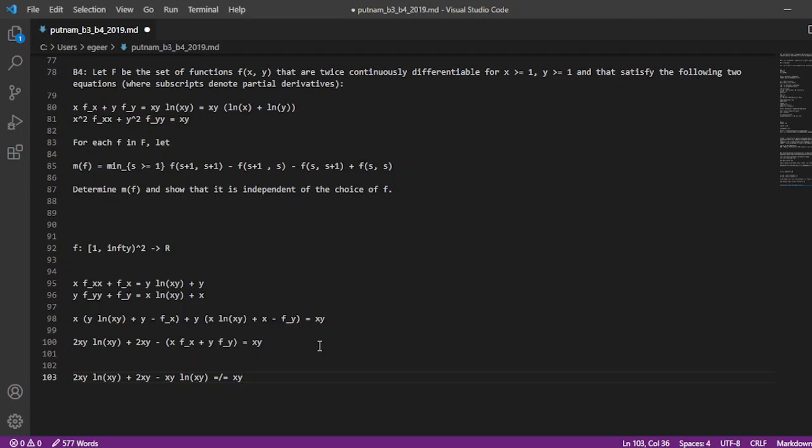I must be making some kind of mistake somewhere, but I don't know. Hold on. I'll check if I transcribed this problem correctly. Yeah, I did transcribe it correctly. So that's a big mystery. I don't know what's going on here. It seems like I'm getting a contradiction.